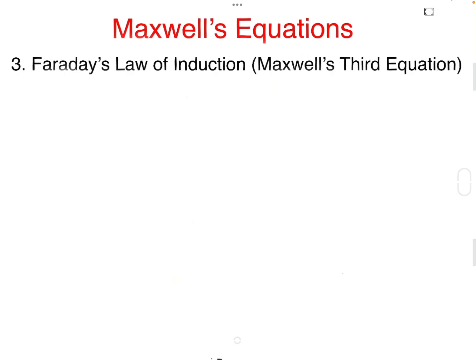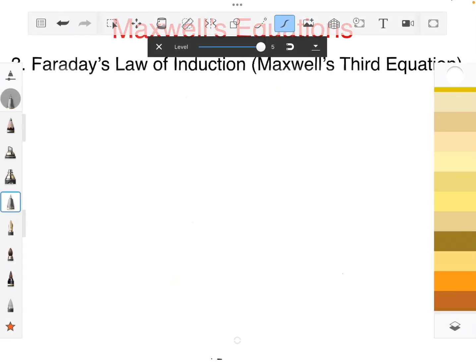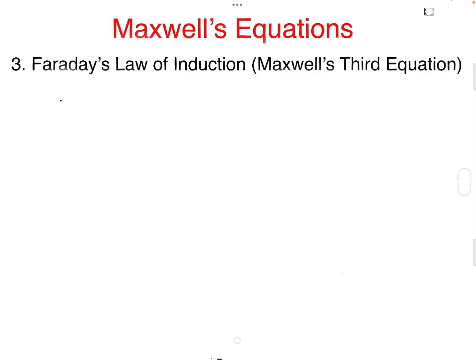Imagine you have a ring, just a normal metal ring. And then you have a magnetic bar. So it's just a normal bar magnet.